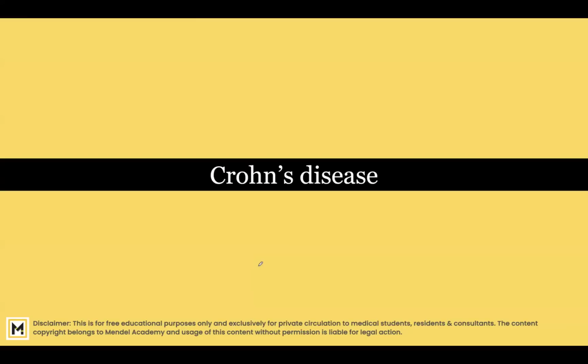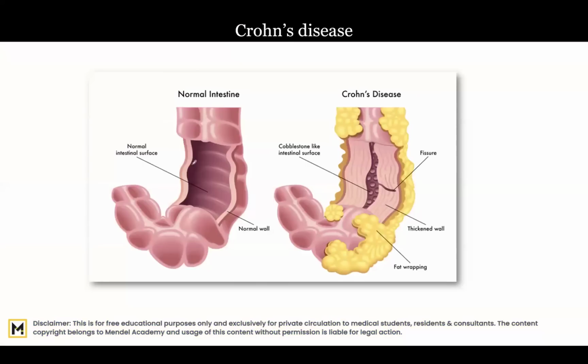Now, if you look at the textbook picture of Crohn's, this is how it looks. If this is a normal intestine, one of the features of Crohn's disease is that there is wrapping of fat around the intestines. This is because, first, there is thickening of the wall, and most importantly, because this wall fissures or converts into a fistula, it breaks open and spills out.